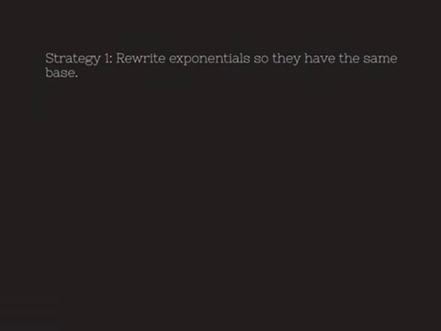We're going to look at a few different strategies for solving logs and exponentials, and our first one is to rewrite exponentials so that they have the same base. So for instance, let's say we had 3 to the x is equal to 27. Well, I can rewrite 27 as 3 to the 3rd power because 27 is a power of 3.